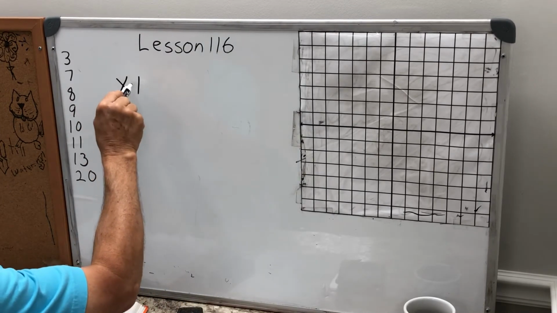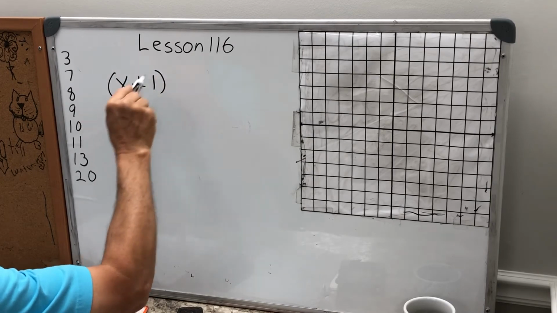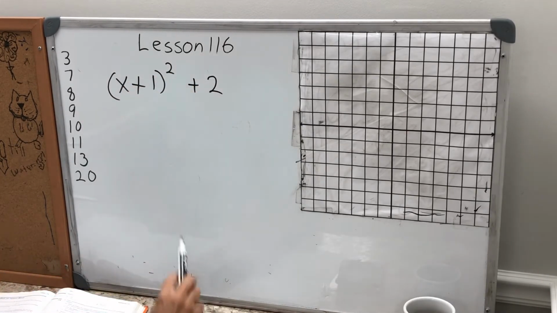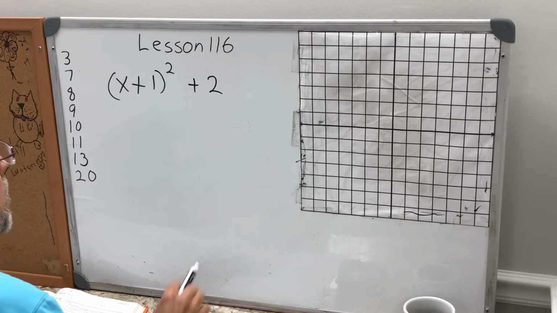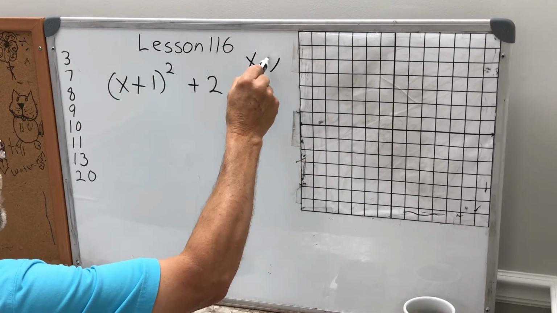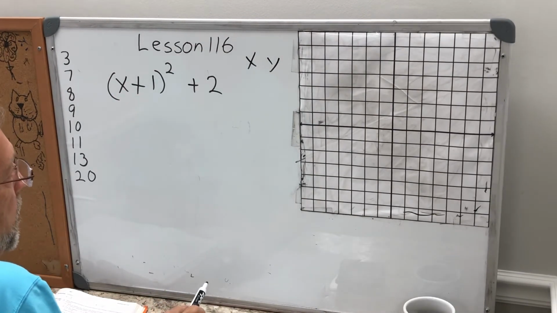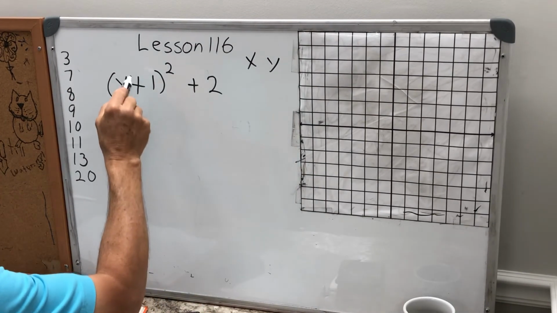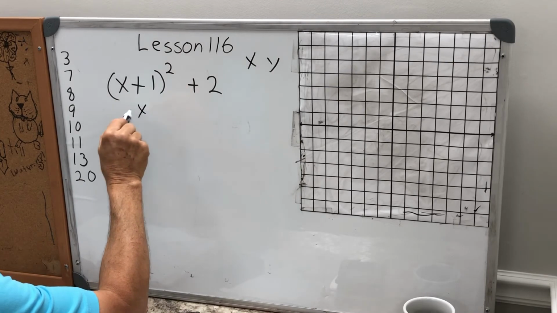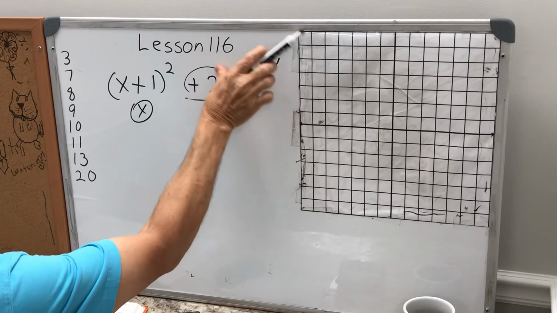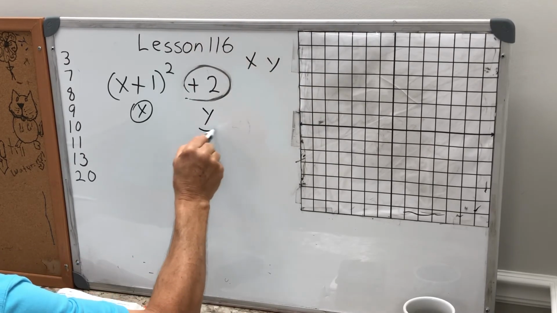This is an added dimension here, so you need to learn this also. 2 plus 2. For the first time, we will deal with both the X line and the Y line. Inclusive signs, if you remember, we solve on the X line. And the non-inclusive, like this, we solve on the Y line.